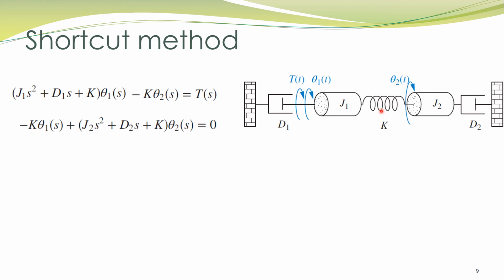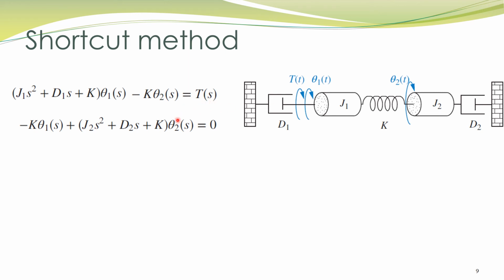This impedance of the spring is connected to both displacements theta 1 and theta 2, so it is common between the two displacements, that is over here. The right hand side is the sum of the torques which are externally applied on this displacement, so T of t is applied to this displacement externally. In Laplace domain, it is T of s.